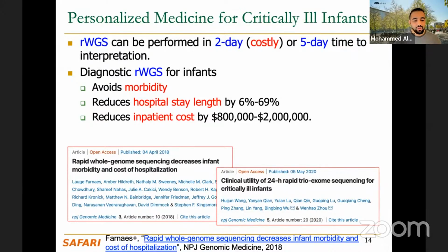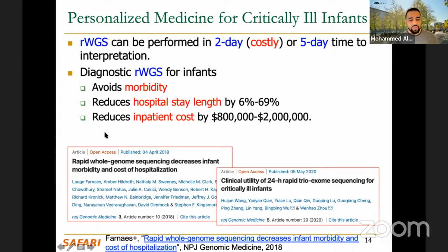You know that whenever you deal with babies, the cost of inpatient care is really high because of all this equipment, the ICU rooms, and the intensive care that they should take of these babies, and normally the probability to survive is really low, especially if they are critically sick.